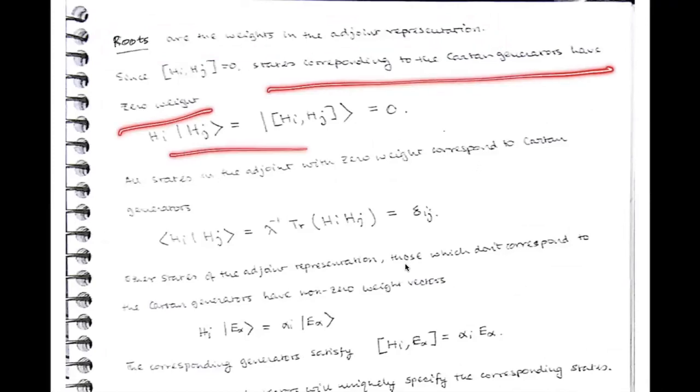As I tried to highlight last time, and I'll do this here again, the roots are the weights in the adjoint representation. We saw that since [H_i, H_j] = 0, the states that correspond to these Cartan generators have zero weight.